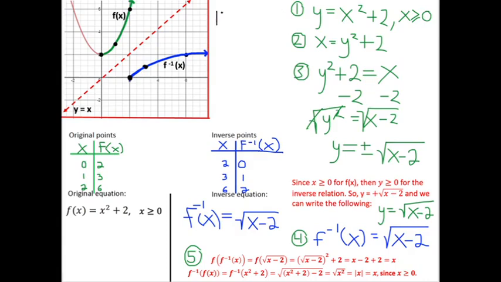So the absolute value of x is equal to negative x whenever x is less than 0, and positive x, or you can just say x, whenever x is greater than or equal to 0.